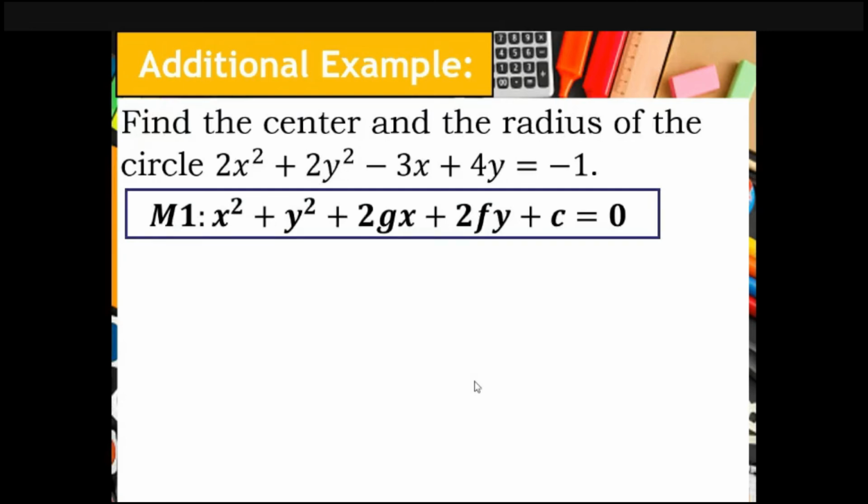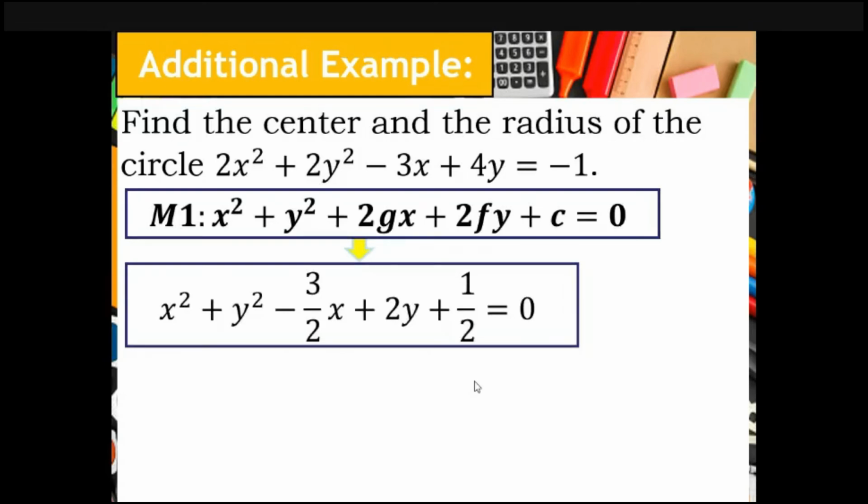And as you notice, it is not yet in the given format. So like how we did it from the previous examples, we again manipulate our equation by dividing everything by 2 and equating it to 0, since that's our general form.